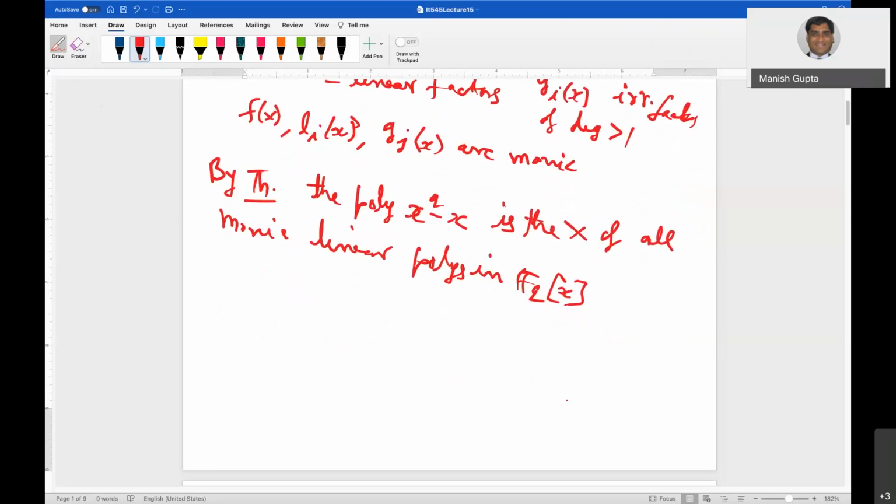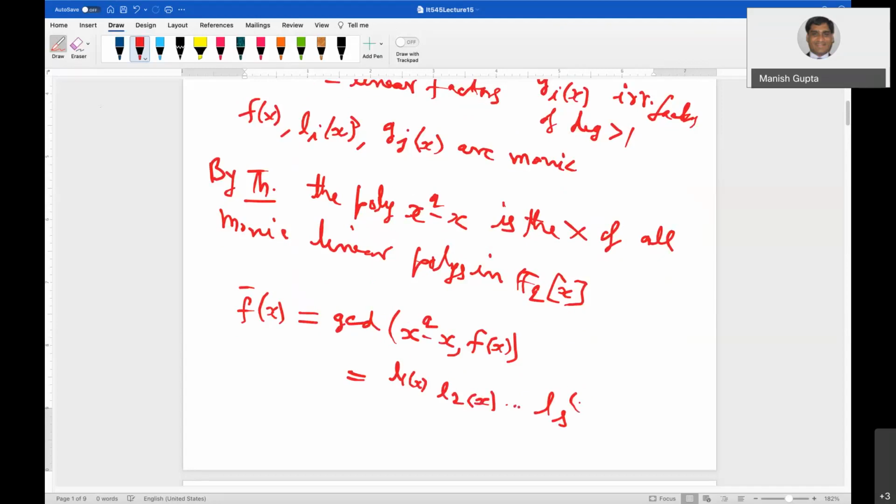So that means I can form a new polynomial f bar of x, which is the GCD of x^q minus x, comma f(x). I take the greatest common divisor of two polynomials. So this will be nothing but L1(x), L2(x), ..., Ls(x), right?